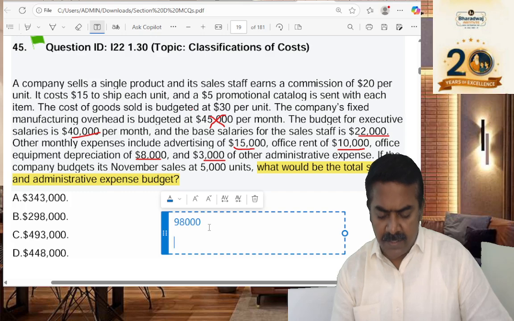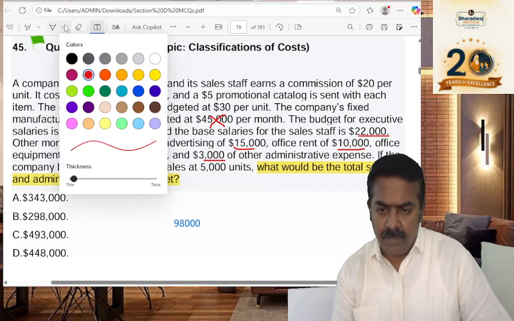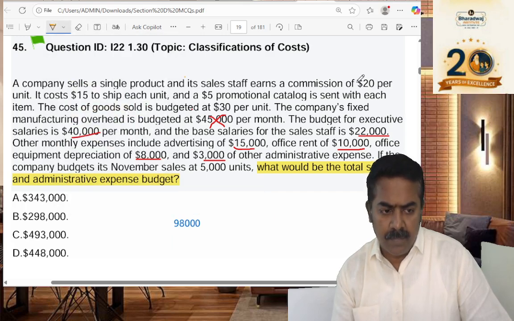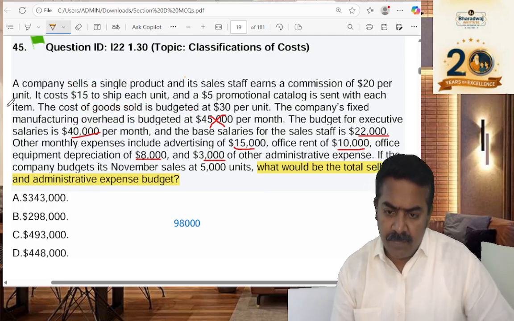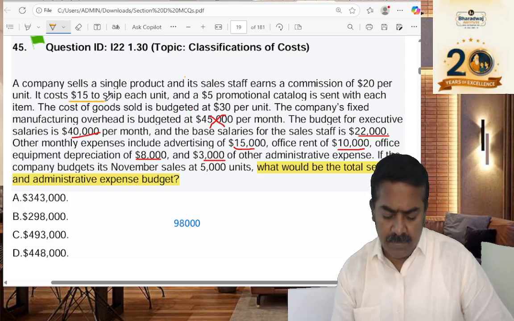What is the variable expense in this cost? What is variable cost? This 15 is there, then promotional expenses 5 is there. Cost of goods sold doesn't matter. This 20 also should be taken.